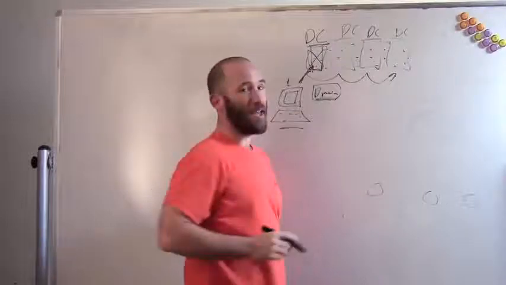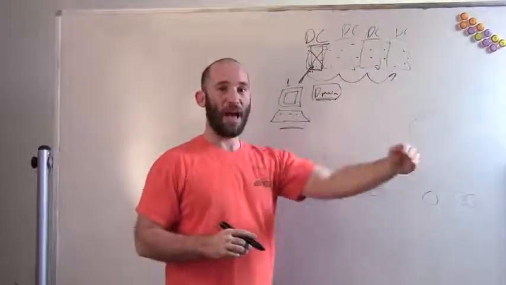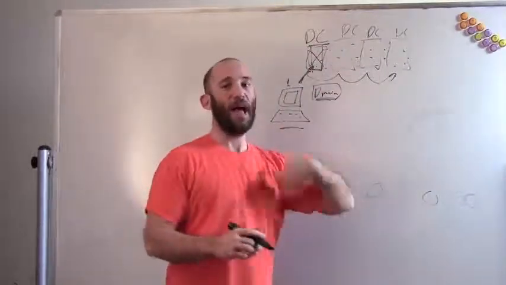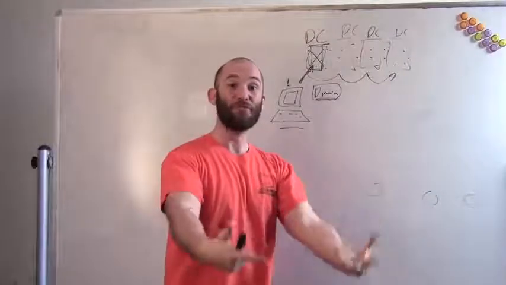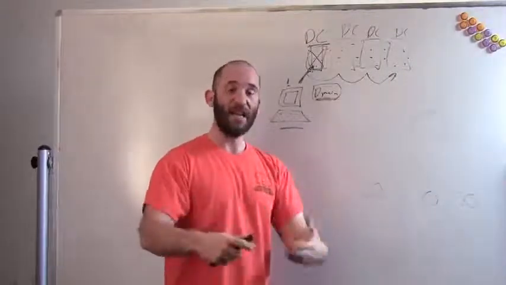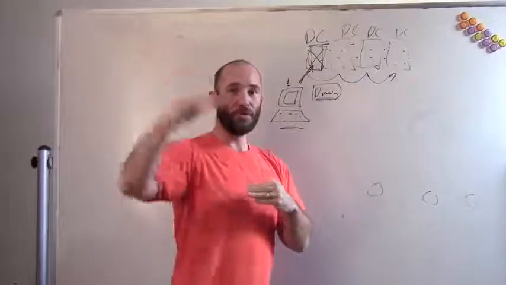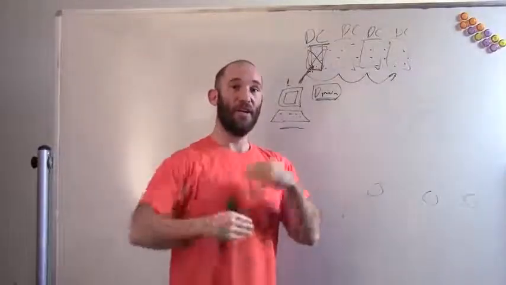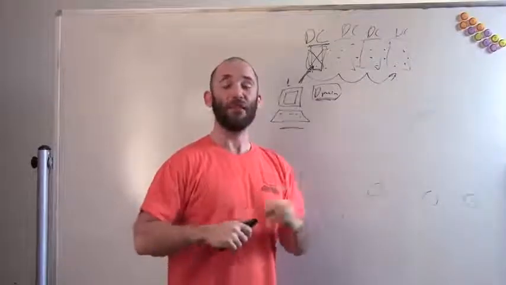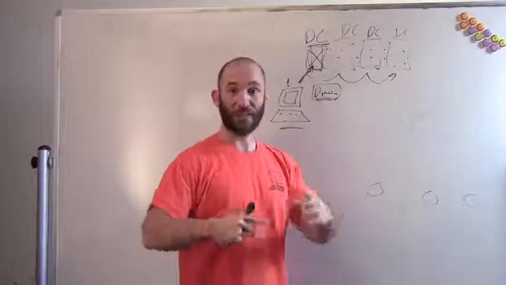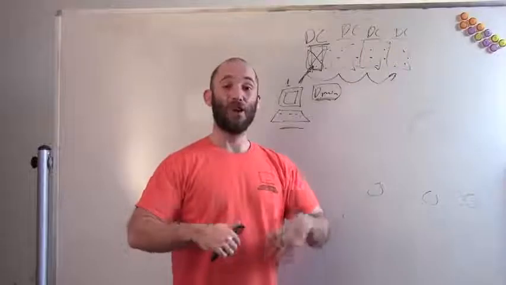It will check to see if my username and password are correct, and if they are, it will allow me access to the domain. That is called a read. The reason it's a read is because you're giving the server your username and password that have already been created, and all it is doing is verifying that they are correct. So that's a read. Then you have what is called a write.